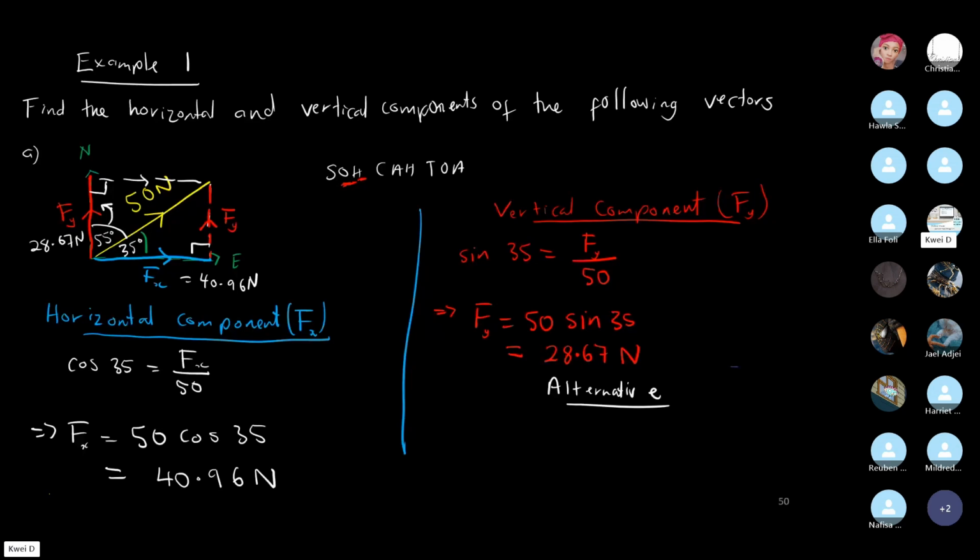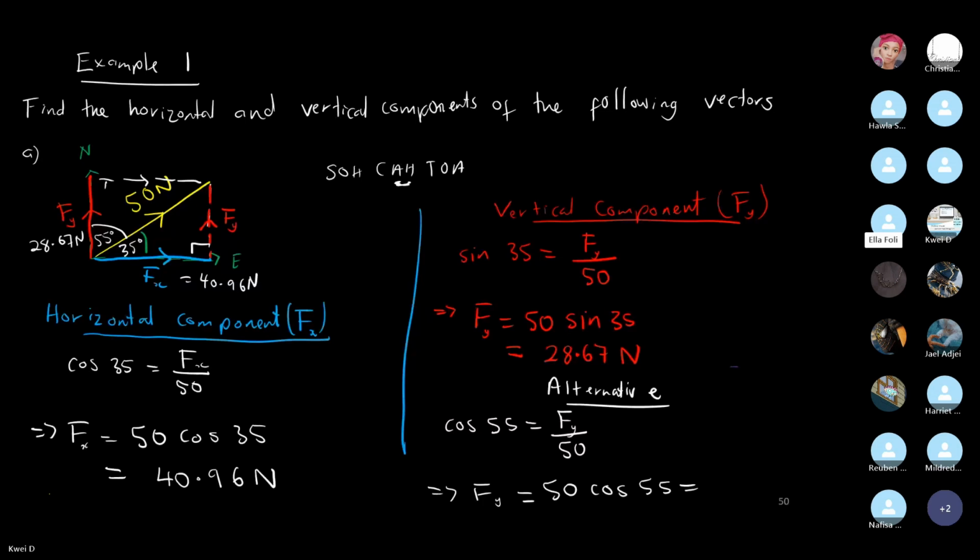So cos 55 is equal to Fy divided by the hypotenuse, which is 50 newtons. So that means that our Fy is equal to 50 cos 55. And what will that give you? 28.67 newtons. So whichever of the right angle triangles you use, it will give you the same answer.